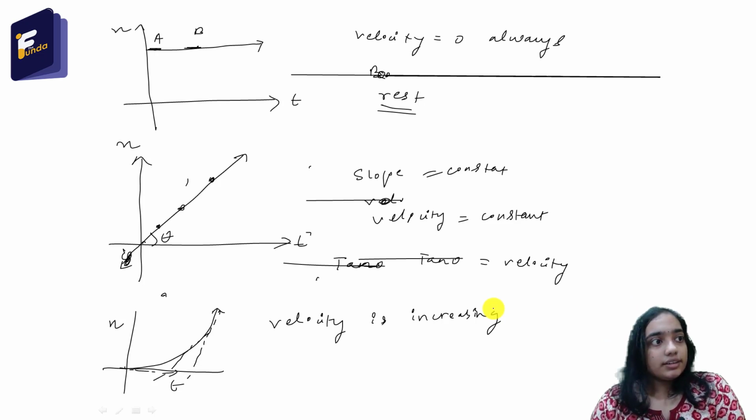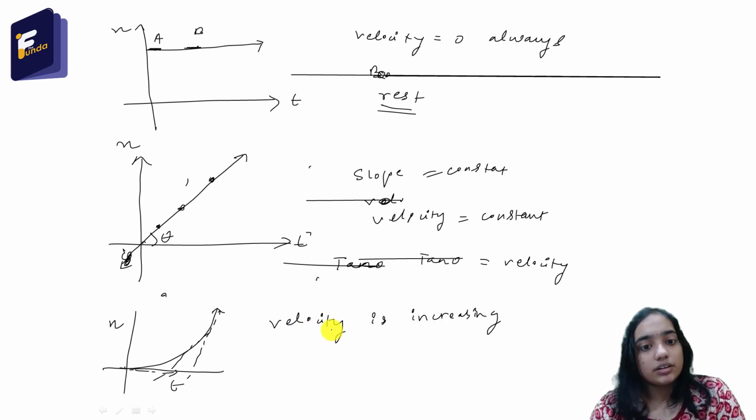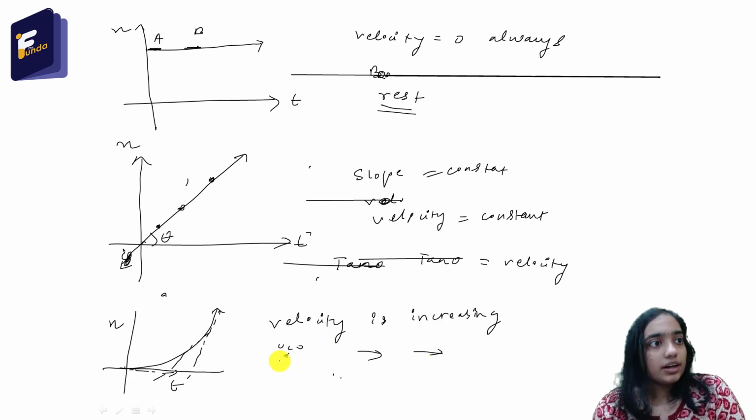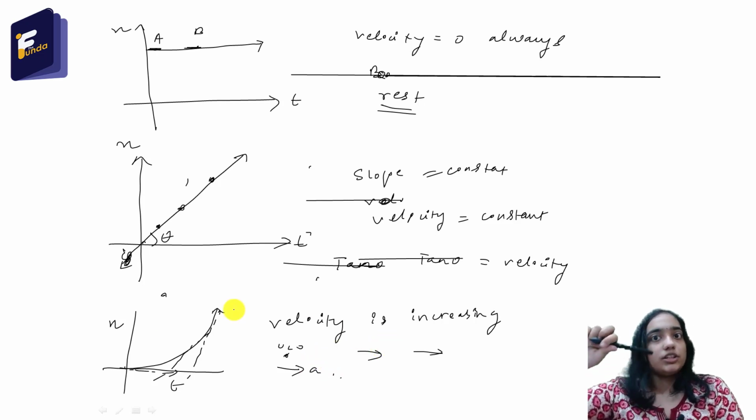So you can see that the body is accelerating. The initial velocity was 0 because the slope was 0, and slowly the speed of the body is increasing, so the acceleration is in this direction, that is the positive acceleration, because the sign of the slope is positive.